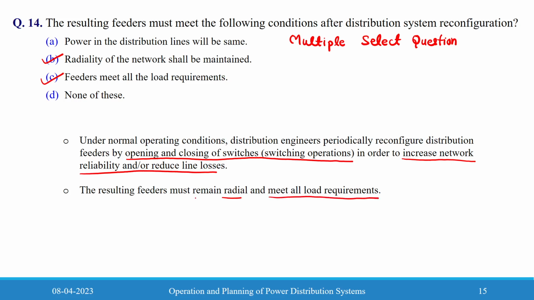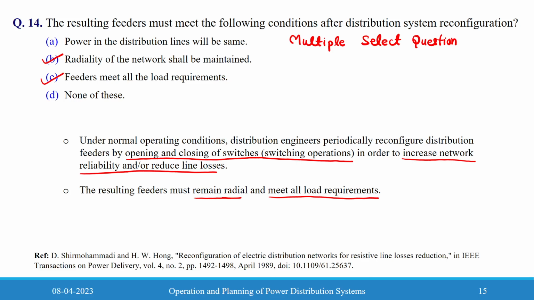So these two conditions shall be met. These definitions have been taken from the paper, Reconfiguration of electrical distribution networks for resistive line losses reduction.